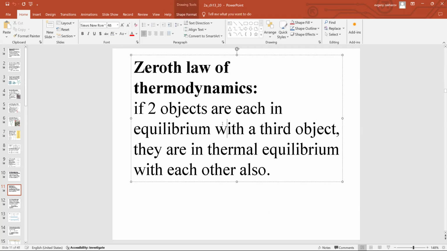So the law is, if two objects are in equilibrium, so you already have warm water, and then there is a third object that you introduce to the system, and this third object has the same temperature as, say, the second one, it follows that this third one will have the same temperature as the first one as well.